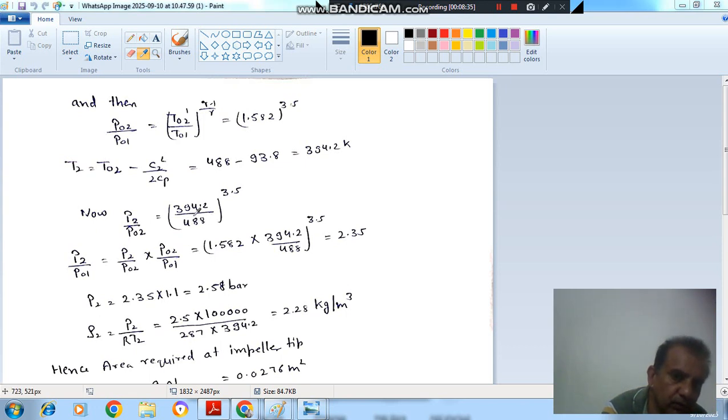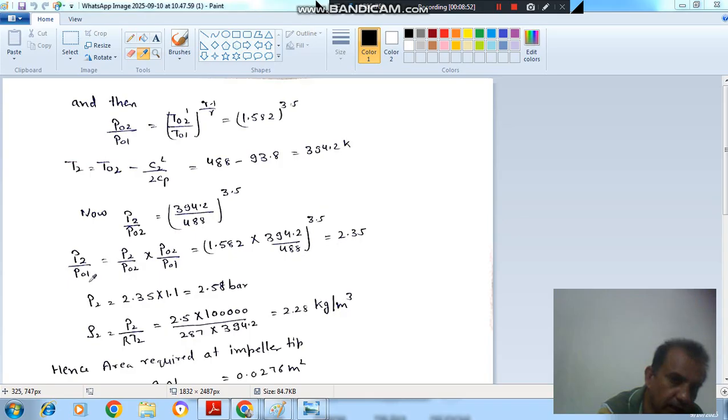Okay, so this is your T01 and this is your P2. So now P02 by P01 is known. So from this we can calculate P2 by P01. Okay, so this will come out as 2.35.